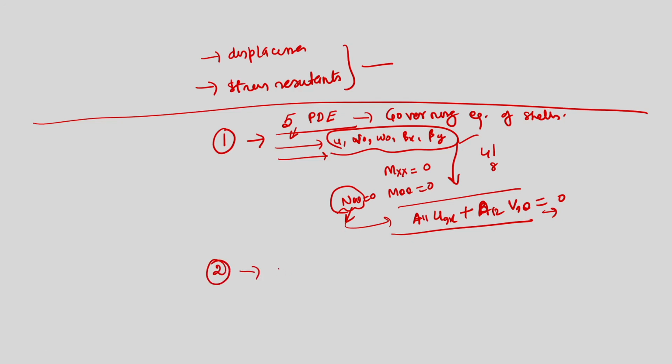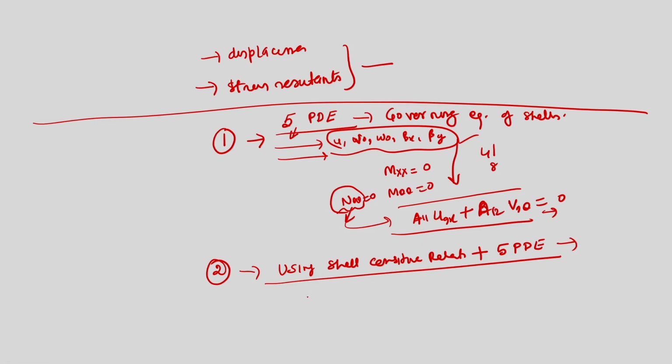Second is that using the shell constitutive relations and the 5 PDEs, we set up in such a way that we assume the stress resultants as variables also, like nxx, n theta theta are our variables.